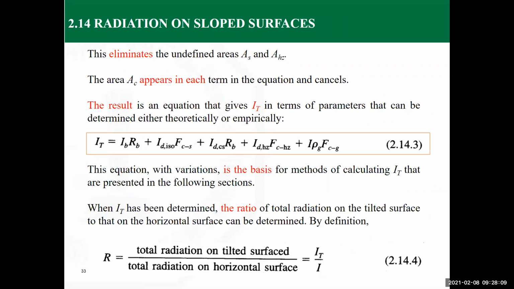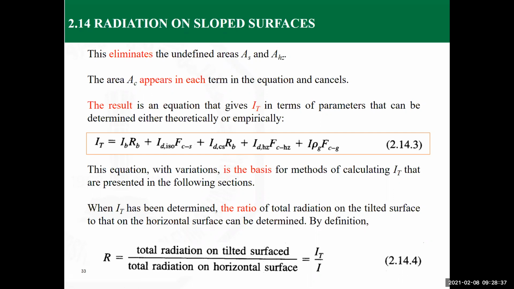Then we're talking about the total radiation falling on a tilted surface, which is IT, divided by the total radiation on a horizontal surface, which is I. At the end, this is what we want. We have a total radiation falling on a horizontal surface, but our collector surface is tilted, so we need to get that component of the tilted radiation in comparison with the horizontal surface.